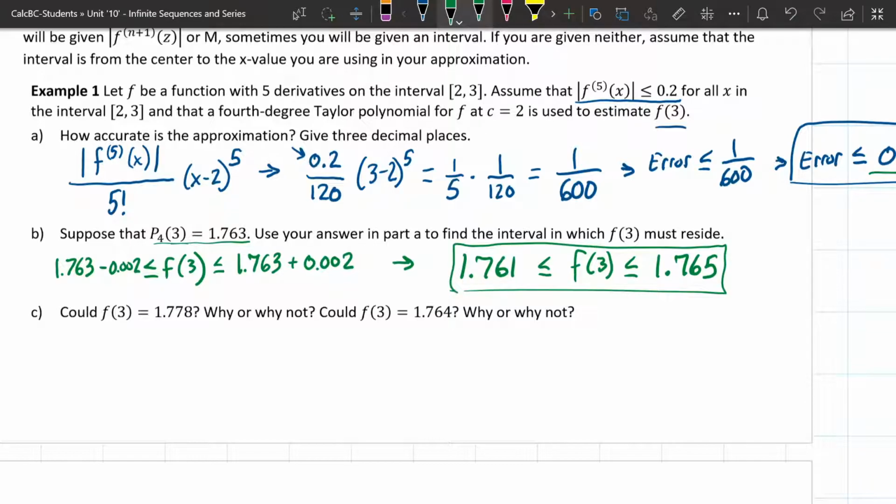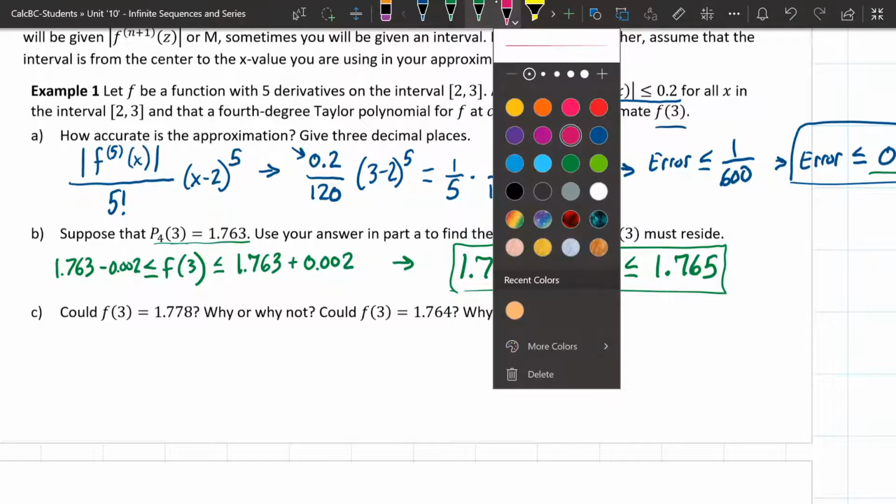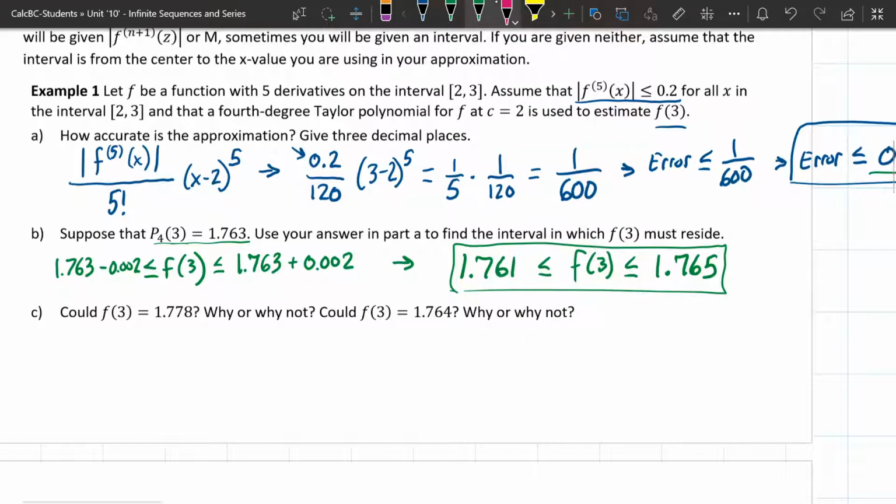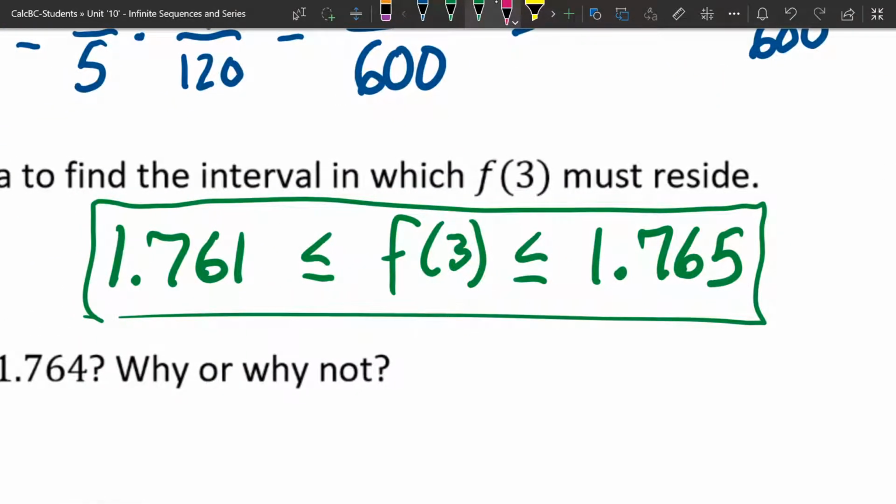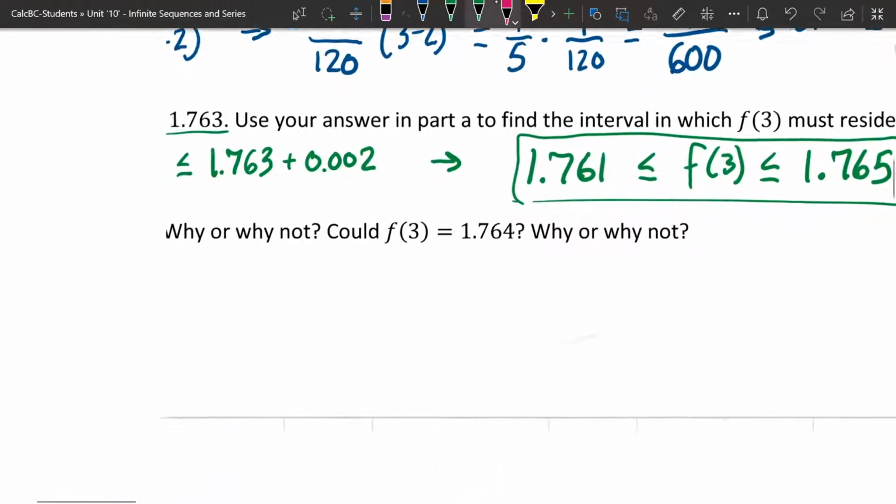All right, part C says, could f of 3 equal 1.778? Why or why not? And also, could it equal 1.764? Why or why not? Okay, so let's start with the first one, 1.778. Well, let's look at our interval here. Is 1.778 within that interval? No, it's going to be over here to the right of that upper bound.